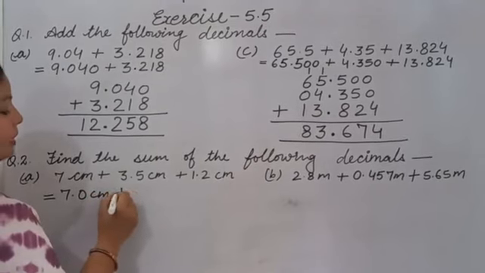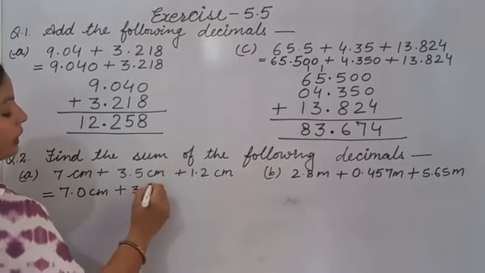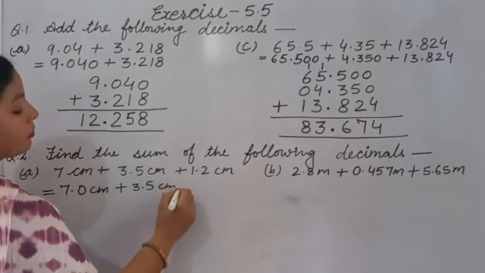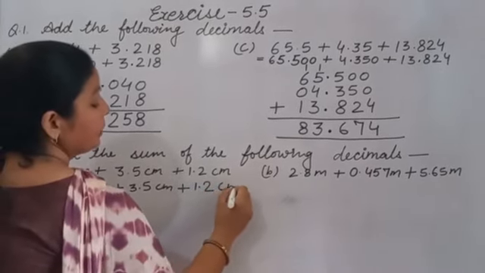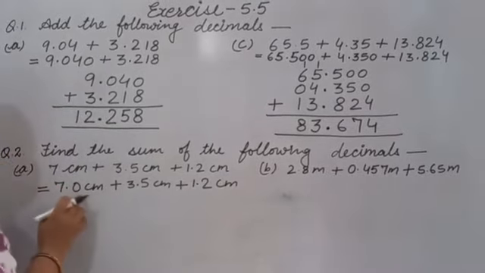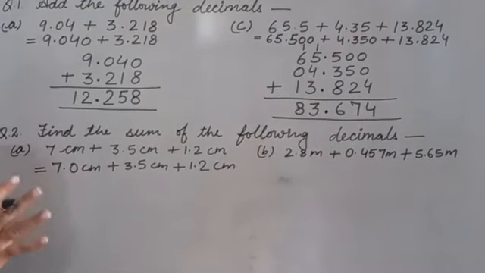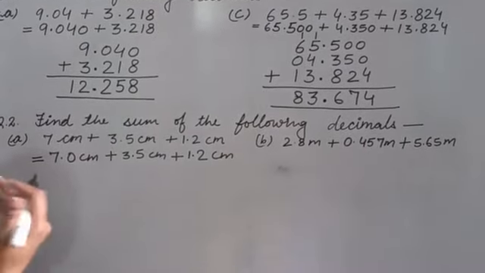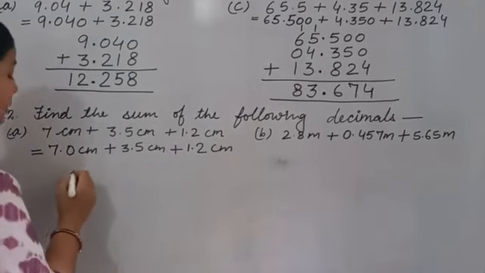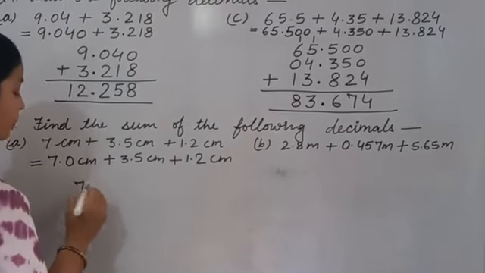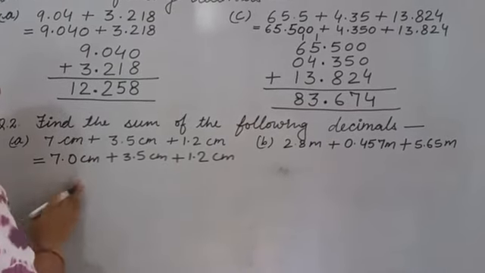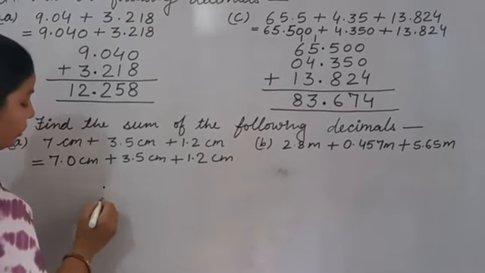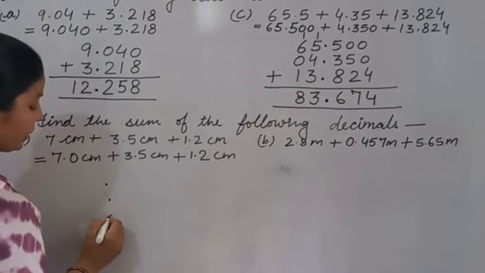centimeter plus 3.5 centimeter plus 1.2 centimeter. Now in all we have one decimal place. So now we can put them up and down and then we can do addition. So 3 numbers, as I told you, firstly we will take decimal. So 1, 2, 3.